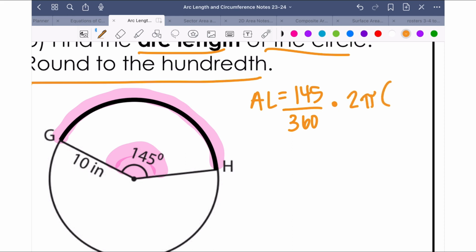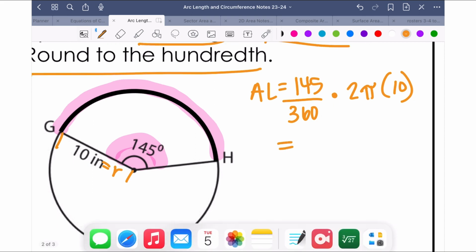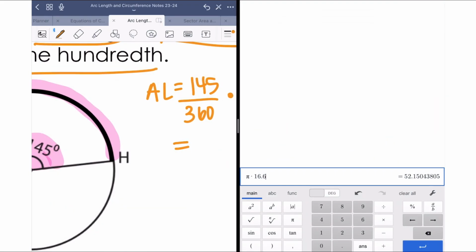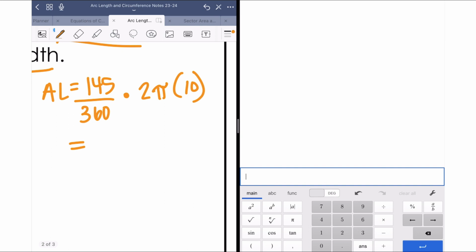What's my radius? They have it right here. 10 times 10. Okay. And then all of this gets plugged into Desmos, but we have to be careful. So let's do it. 145 out of 360 degrees times 2 pi r, which is 10.